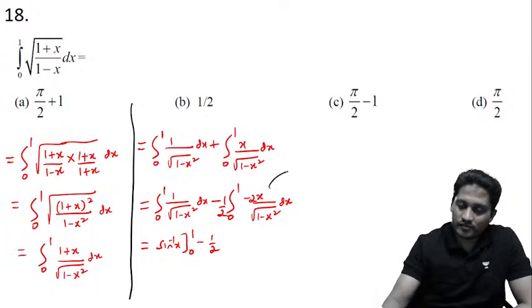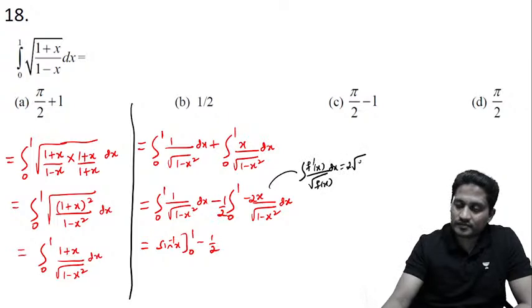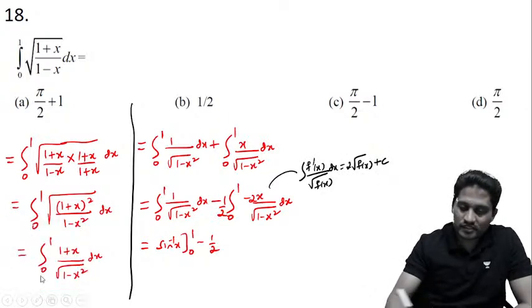This fellow is of the form f dash of x by root fx. F dash of x by root fx will be equal to 2 root fx. Okay, so this is 2 root of fx, 2 root of (1 minus x square) between the limits 0 to 1. This will cancel. So this is sine inverse of x between the limits 0 to 1.